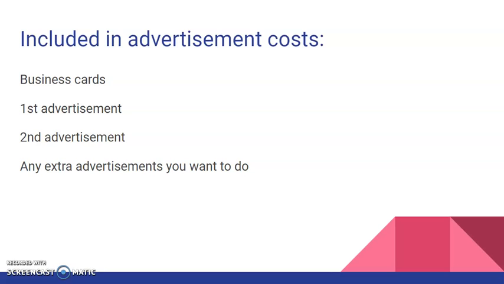Just so you're thinking ahead, you should have at least 3 items in the advertisement column. You're going to have your business cards, your first advertisement, and your second advertisement. Again, Miss Van will give you examples and things like that. And then any extra advertisements you want can also be included there. But you have to have your business cards and your other 2 advertisements.